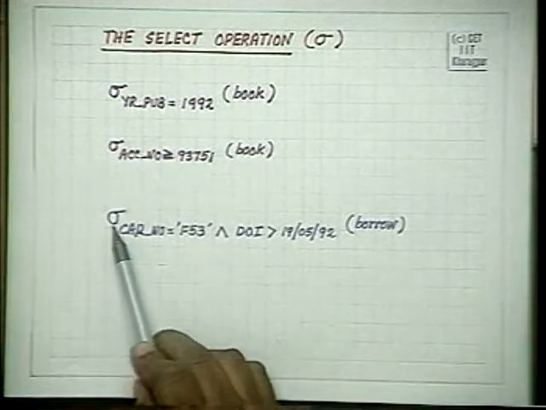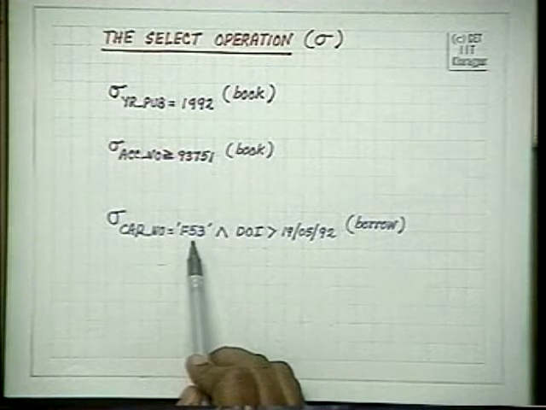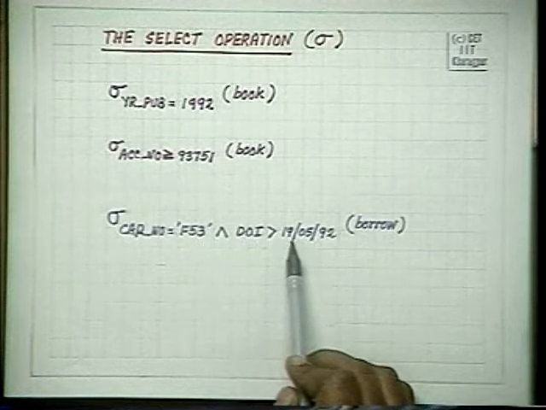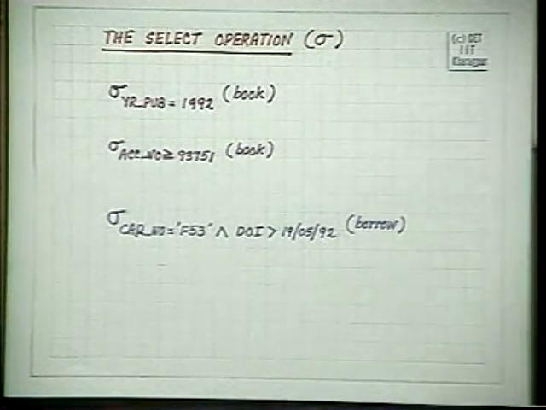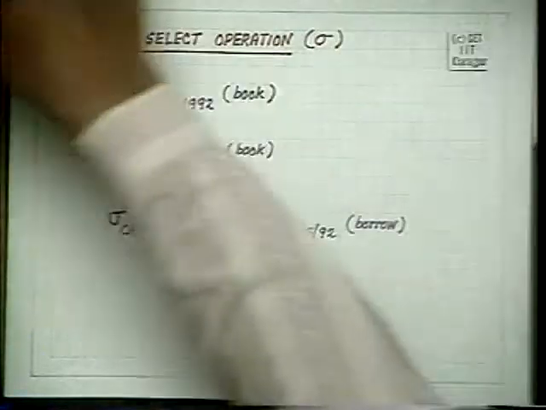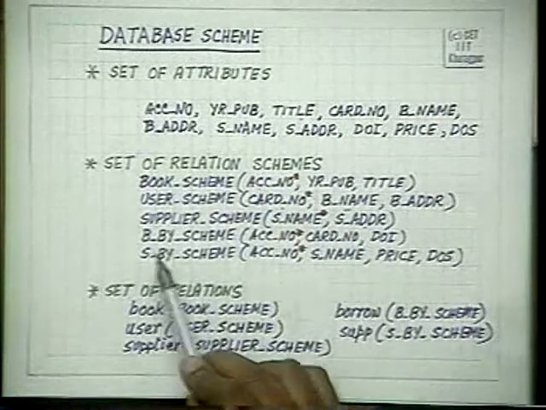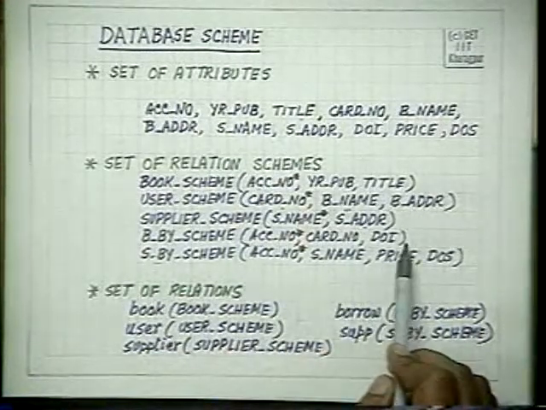This is another example. Select card number equal to F53 and date of issue is greater than 19/5/92 on the borrow relation. If we go back to the borrow relation, we will see that the borrow relation is of the borrowed by scheme having accession number, card number, and date of issue.